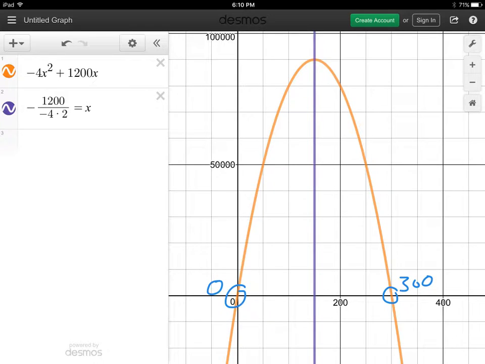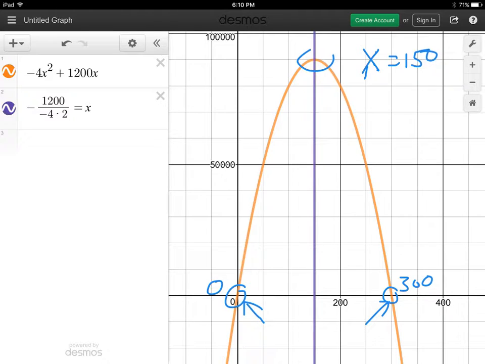And exactly in the middle of those two x-intercepts, I happen to have the highest point. And that happens at an x value of 150. So that's way number one. If I find the two x-intercepts, and for the ones that we're looking at, these are not going to be too hard to find, halfway between them is going to be the highest or lowest point.